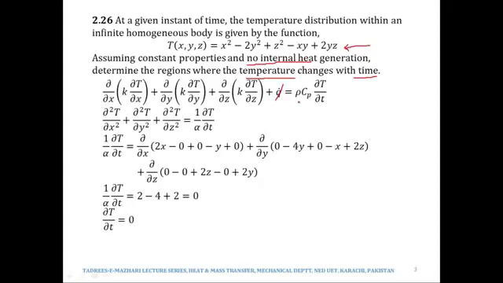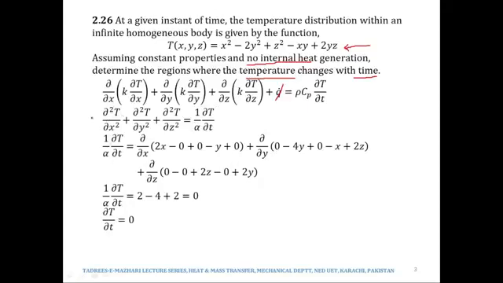On the right hand side we would have rho c, and if we divide throughout by k, it would become rho c over k, means 1 over alpha times ∂T/∂t.